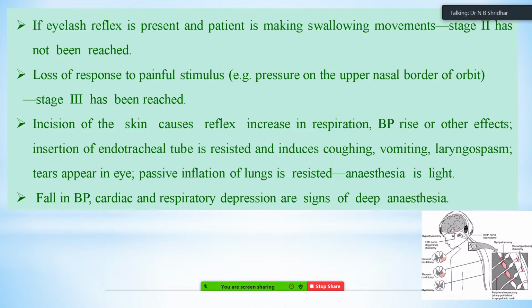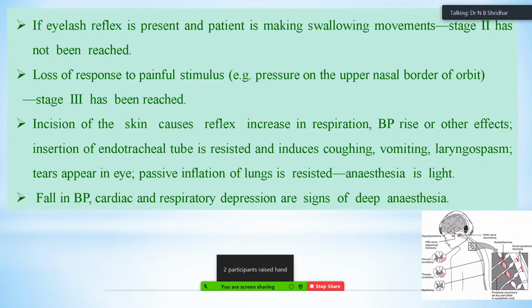Loss of response to painful stimuli, especially pressure on the upper nasal border of the orbit, indicates that stage 3 has been reached. If we apply pressure on the upper nasal border and the animal does not respond, we can say that stage 3 is seen.